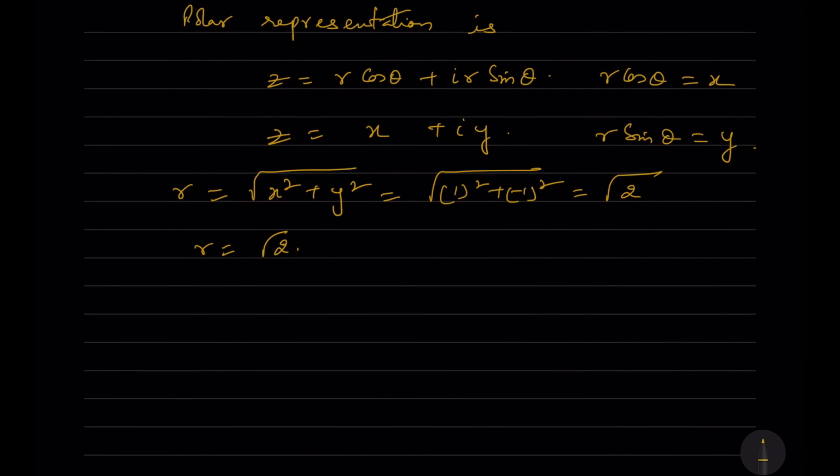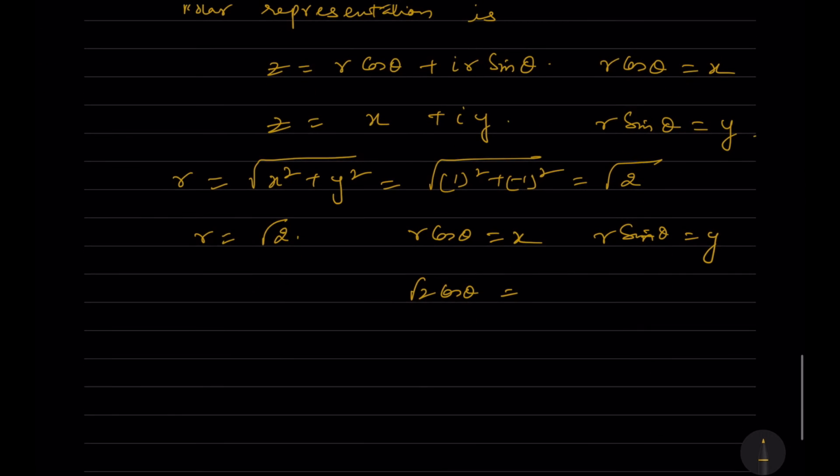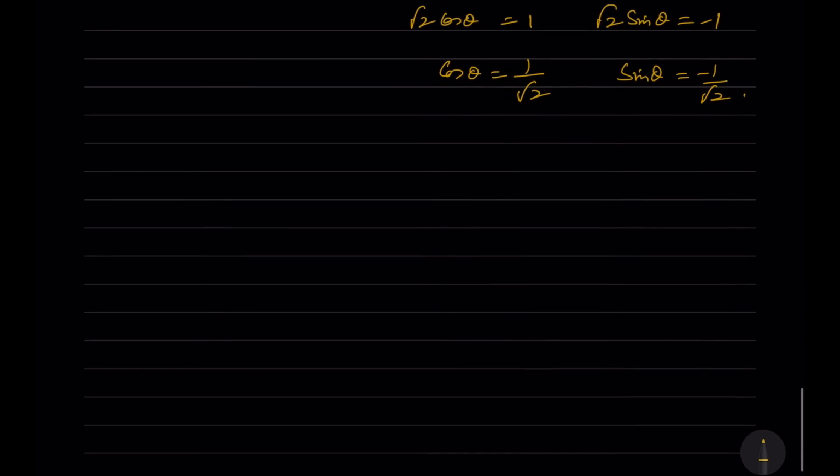So now we have that r cos theta is equal to x, r sin theta is equal to y. So here r is root 2, root 2 cos theta is equal to 1 and root 2 sin theta is equal to minus 1. So cos theta is equal to 1 by root 2, sin theta is equal to minus 1 by root 2. So now how to find out theta?